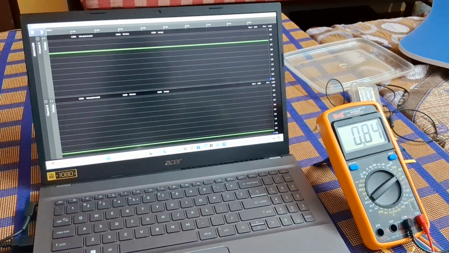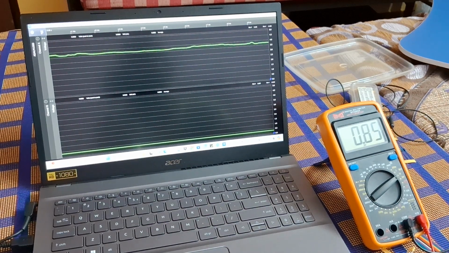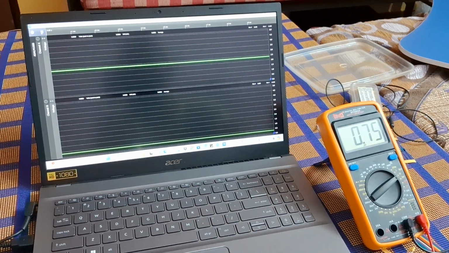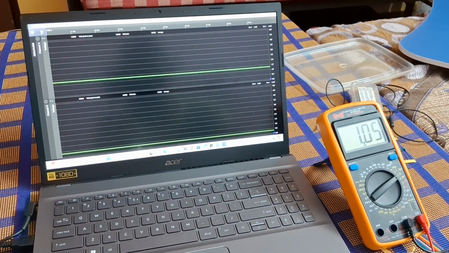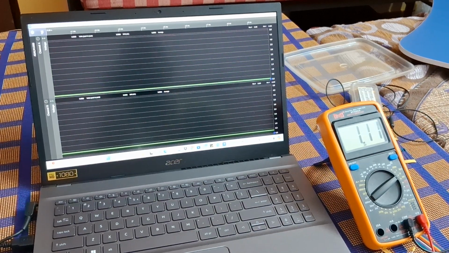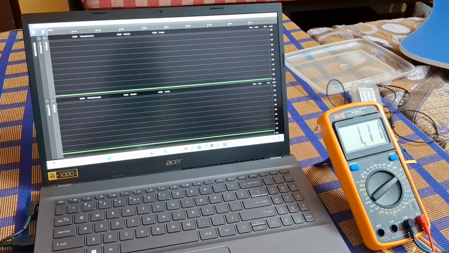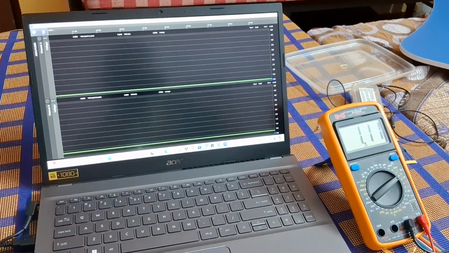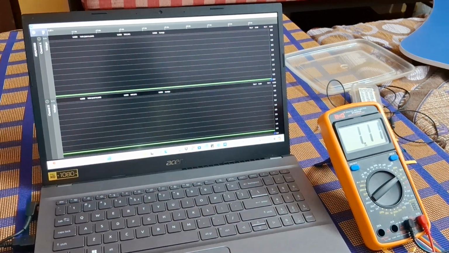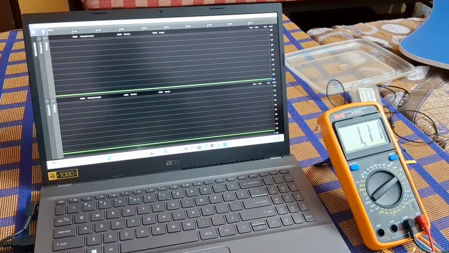As I keep changing it, at 1.1 volts the output goes to 0 volts. That means 1.1 volts is treated as a logic 1 for this IC, and 0.55 is treated as a logic 0, and the range between them is known as the indeterminate region, right? So that's the experiment.